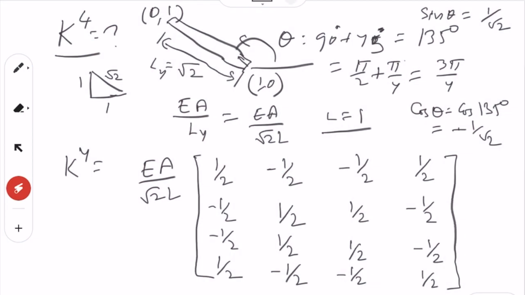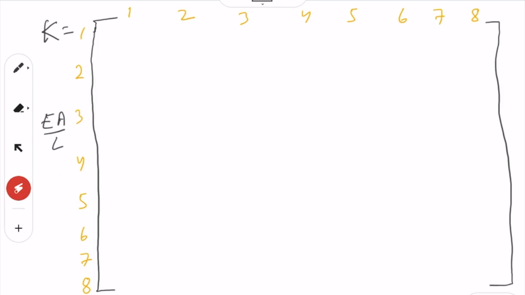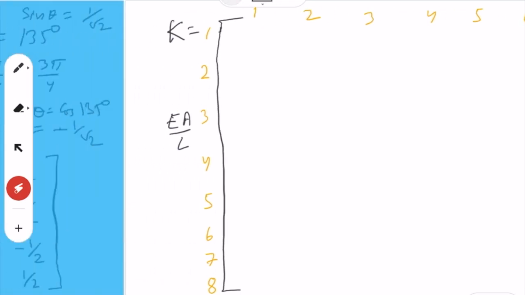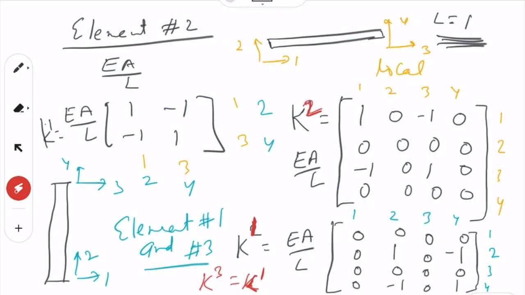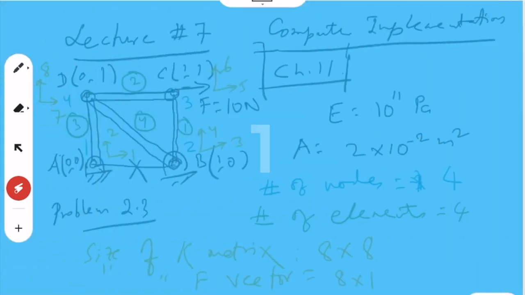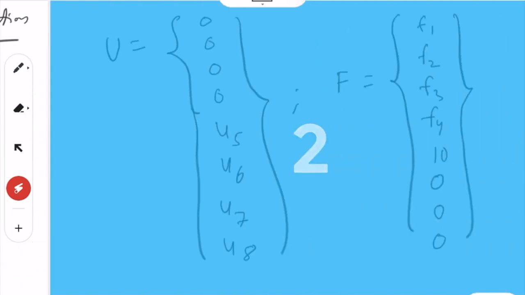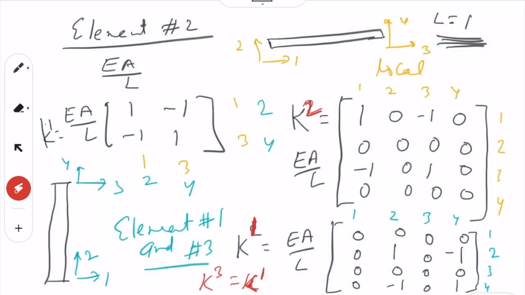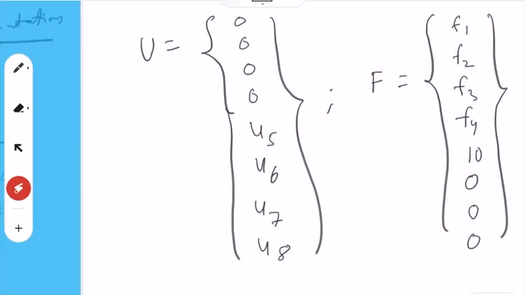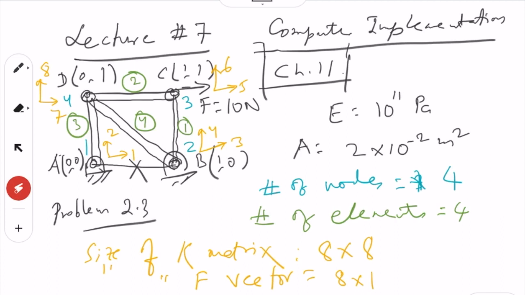Okay, so let's start with this one, the simple ones. So we have number 1, which is like this. Number 1 is a vertical member, and for vertical members we have it like this: for the number 1 we have 3, 4, 5, 6, 3, 4, 5, 6.